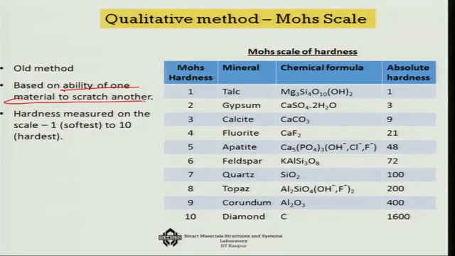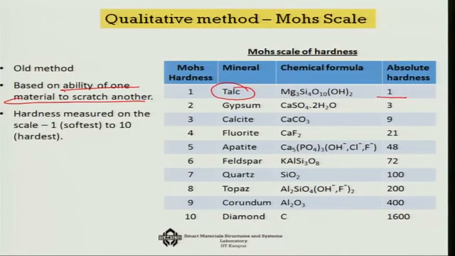In that scale the geologists considered talc to be the softest material, keeping its absolute hardness as 1, and then various materials were used to scratch talc, and from the depth of indentations and the power of scratching, and the scratching of one over the other, the ranking used to be done.